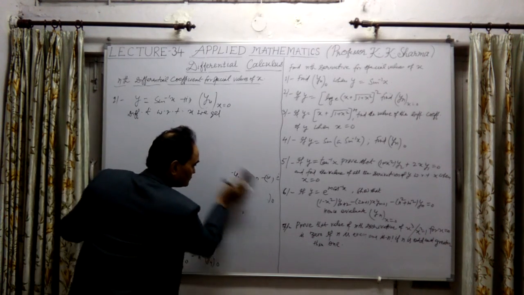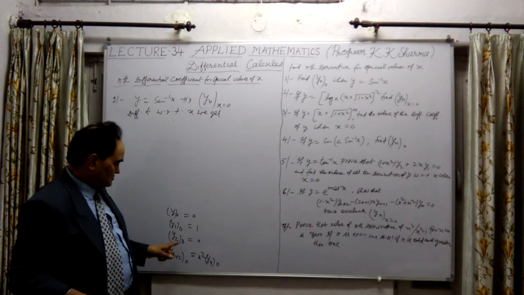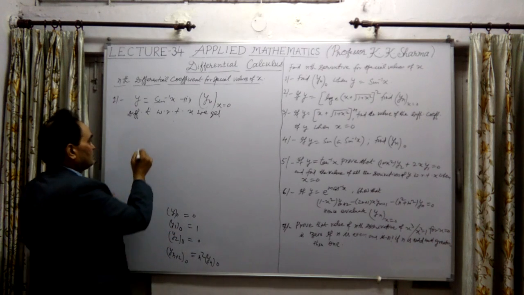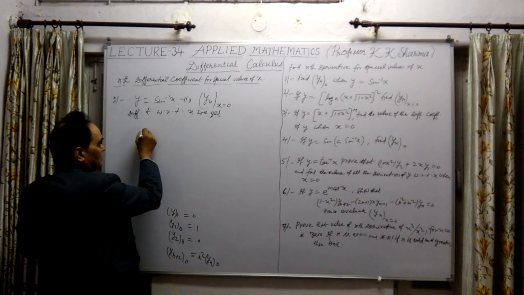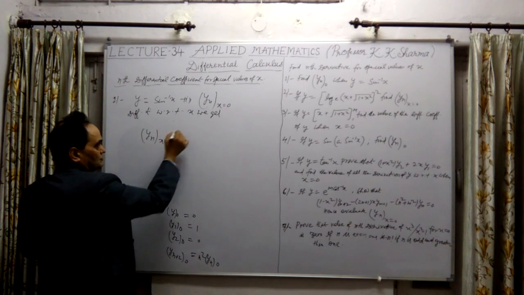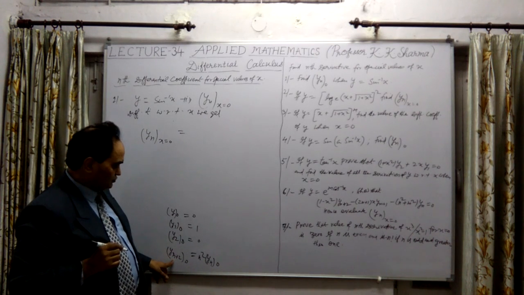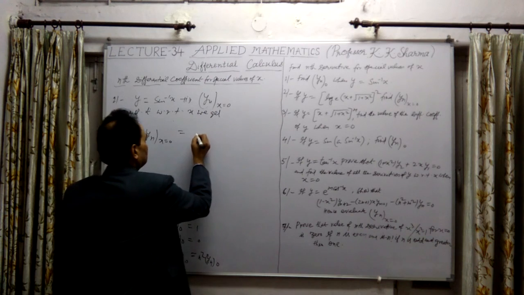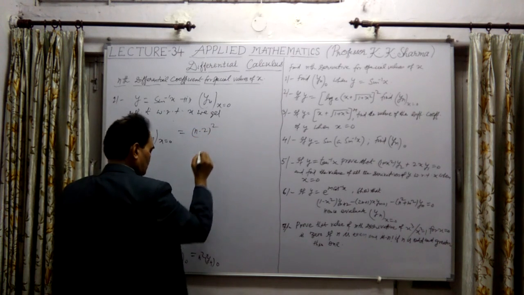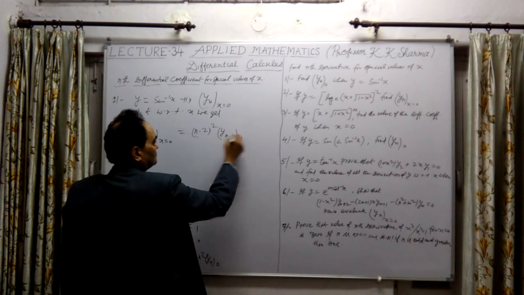Applying these values, we see that for odd values of n, let me write here, if I substitute n equal to n minus 2, that means yn at x equal to 0 equals, in this last equation, n minus 2 whole square into y(n minus 2) at x equal to 0.